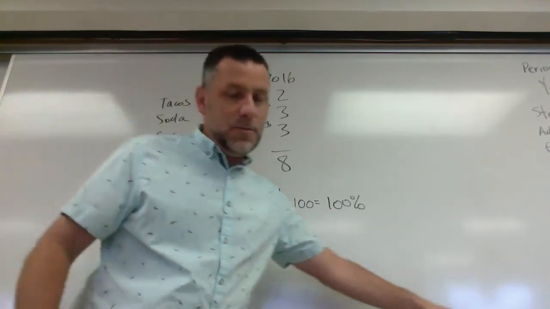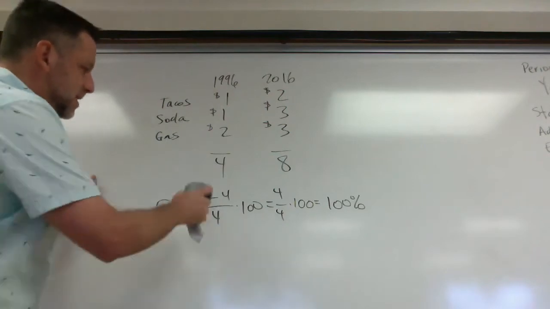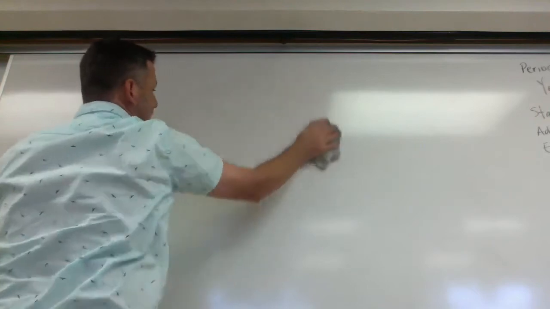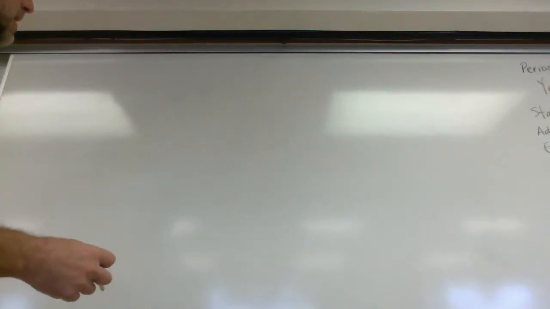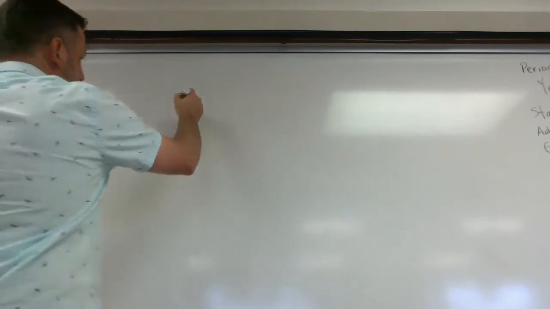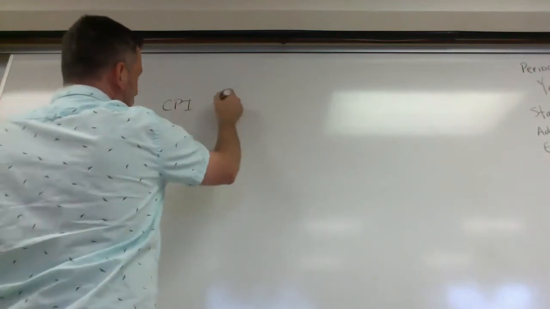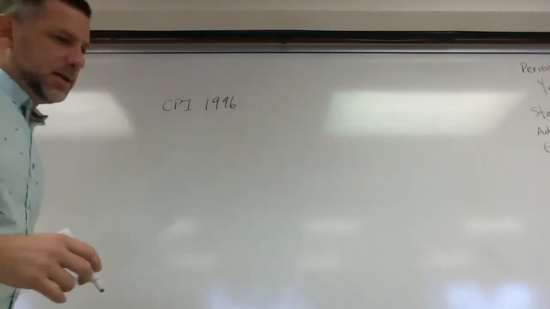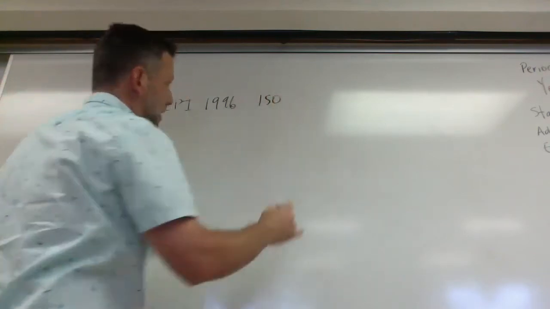Now, it could be that instead of our market baskets, we're given CPI numbers, right? So we could see something like the CPI for 1996, let's say, was 150.